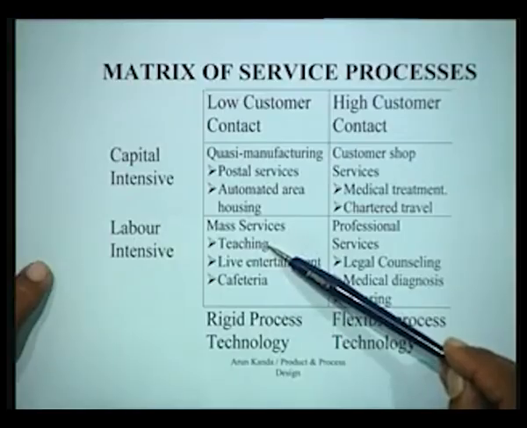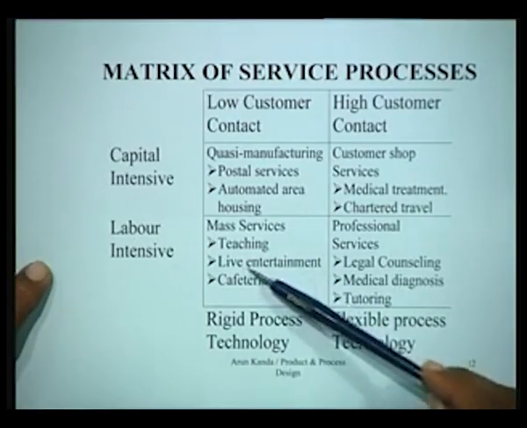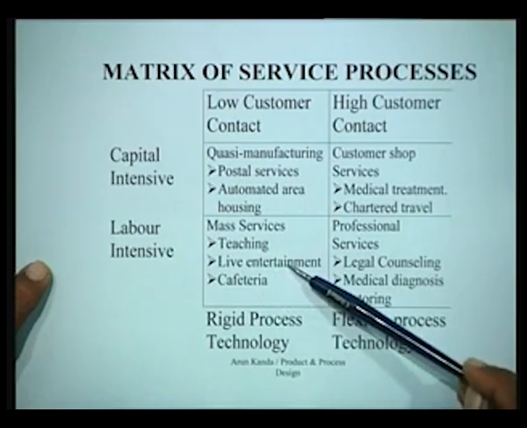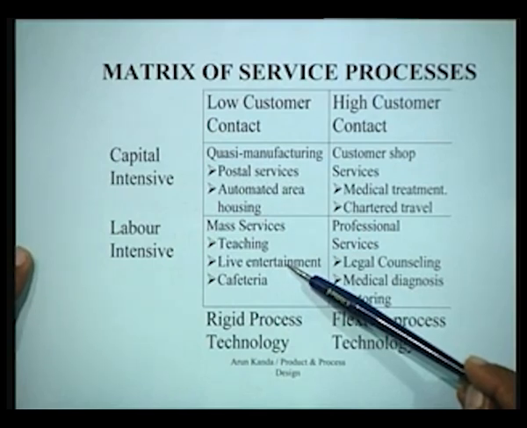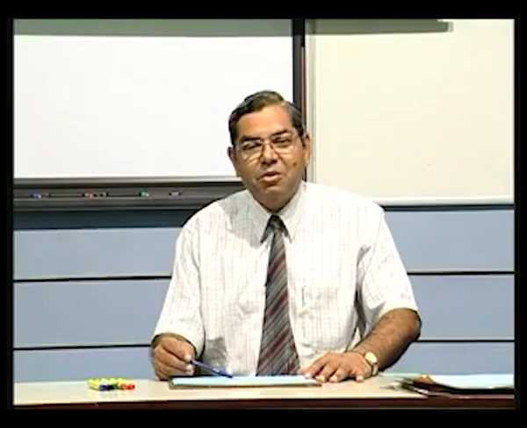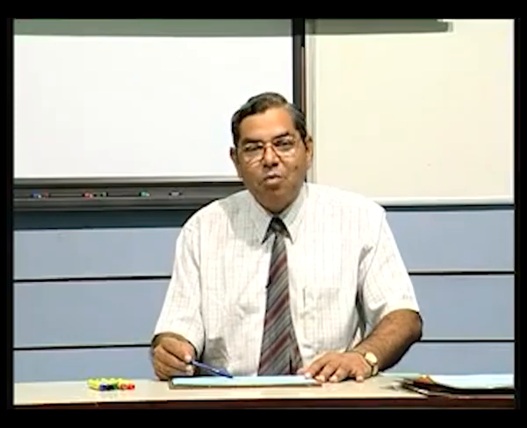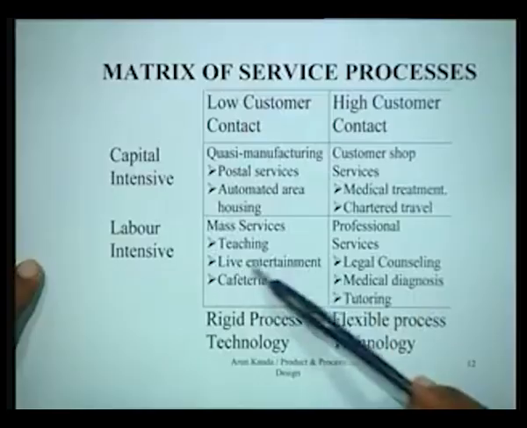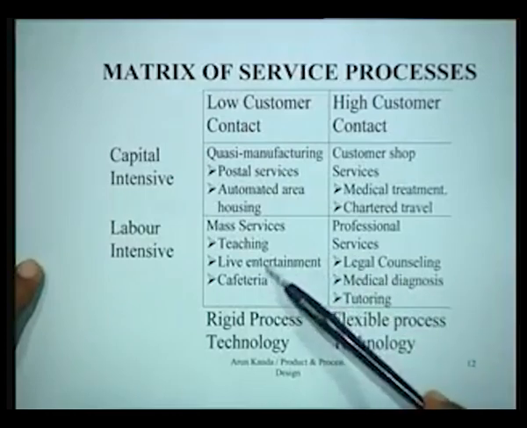So this is teaching. And then similarly live entertainment. If somebody gives a live show, say Lata Mangeshkar comes and spends a Lata Mangeshkar night in your rendezvous, what's going to happen? It's a live entertainment. Essentially it's like lecturing.